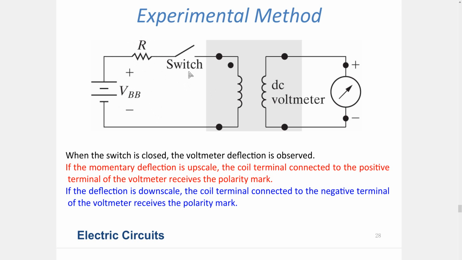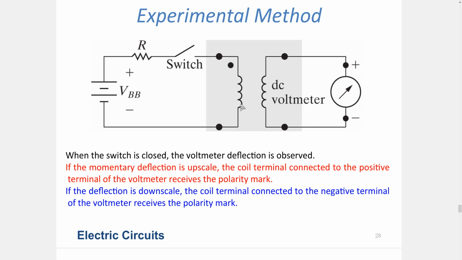Now, when I close this switch, because of the rise of the current, there will be some voltage induced, and it will induce some magnetic field, which is coupled to the other side, and then that coupled magnetic field will induce another current, which can be measured if it's connected to a load, or if there is no load here, we can directly measure the induced voltage.